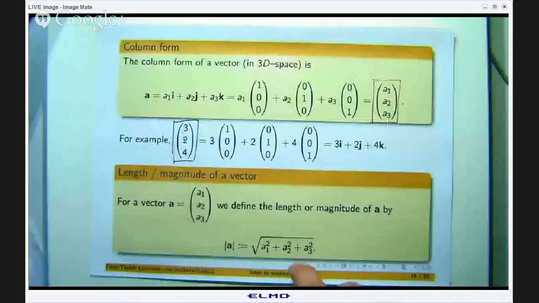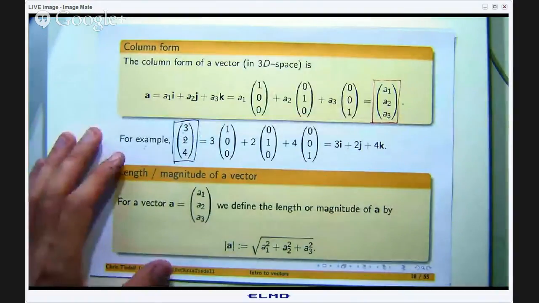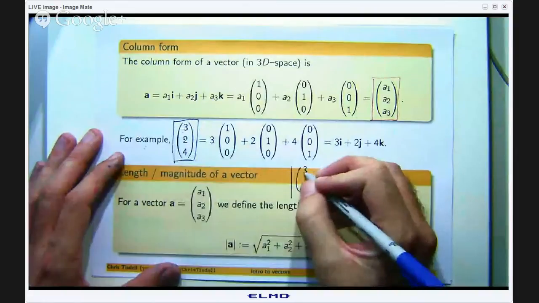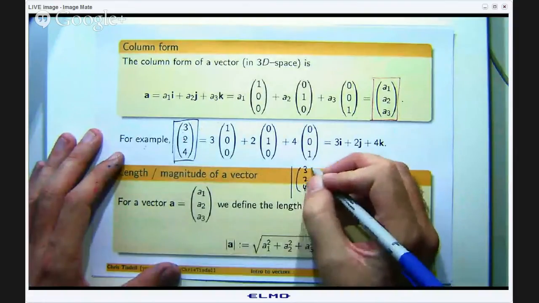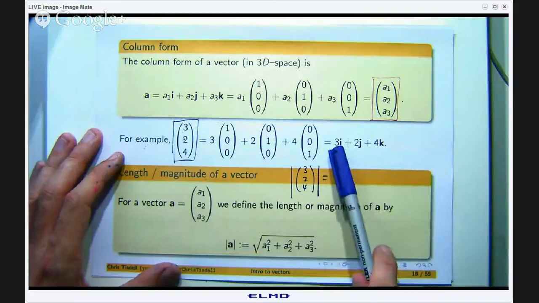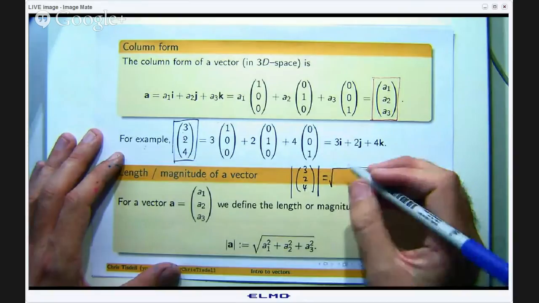Okay, so let's look up here and compute the length or the magnitude of this vector here. If I wanted to compute the magnitude of that, well, you take the 3, 2, and 4, you square them, you add them together, and you take the square root.